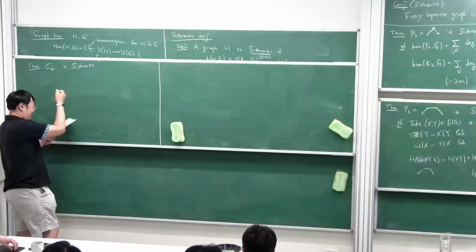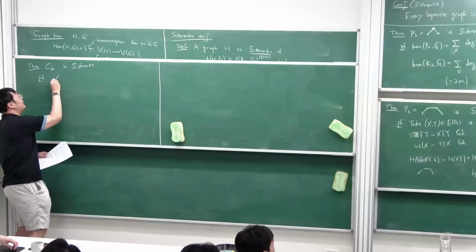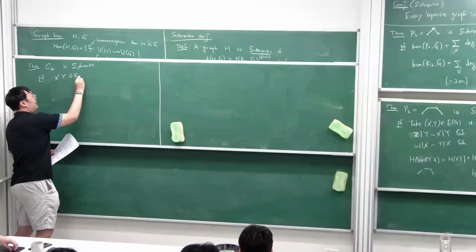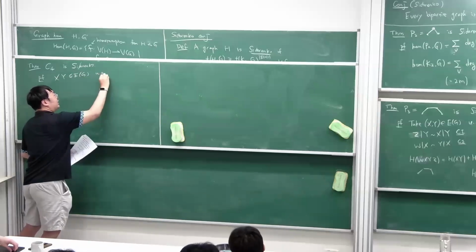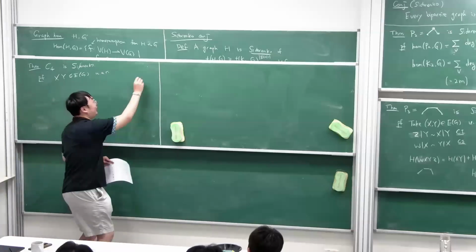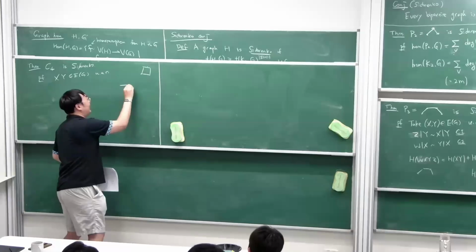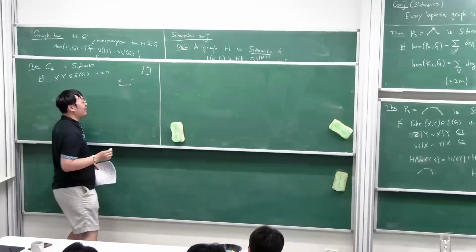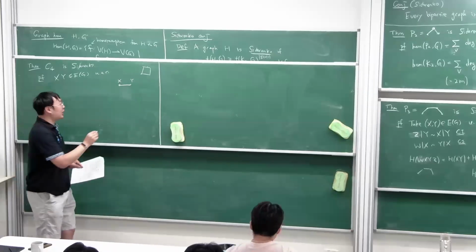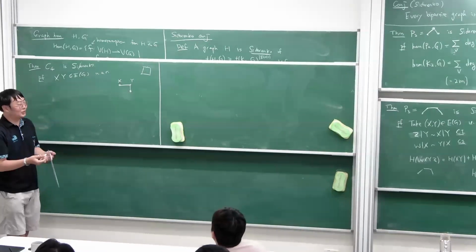Now again, the proof always starts with the same sentence. We sample an edge X, Y in E of G uniformly at random. And we want to start from this edge, do some conditional resampling to get a C4. Remember, a C4 looks like this. Now we only have an edge, which is X and Y. So you could first build an edge out of Y by using the first conditional resample trick.